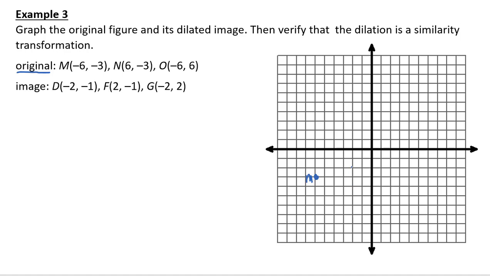N is (6, -3). And then I have O, which is (-6, 6).